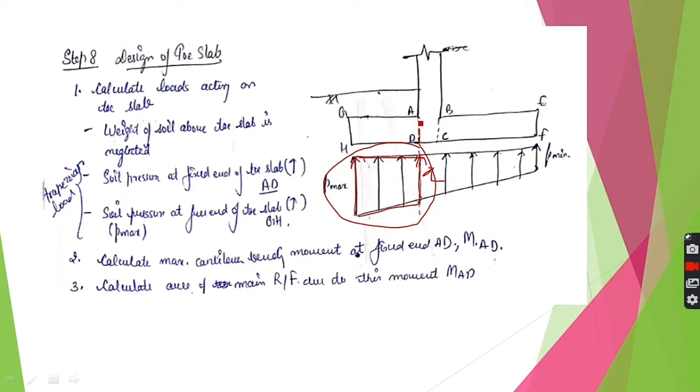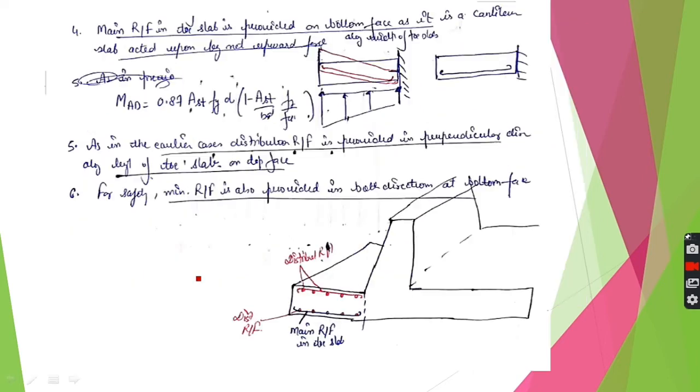So when we get these 2 forces, this comes out to be a trapezoidal load. We calculate the moment MAD by summation M equal to 0, and we get the maximum moment at the toe slab at the fixed end, MAD. Here the behavior will be totally different, opposite, because this is the upward force now, so the bottom portion will be the tension face. So here reinforcement is provided like this.